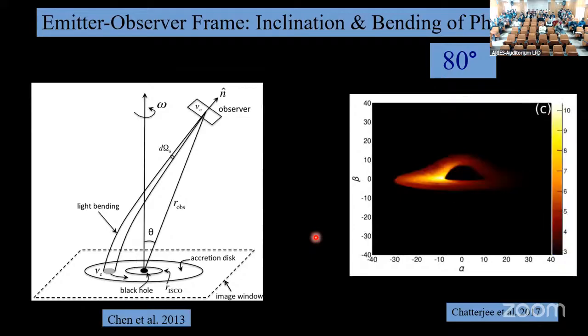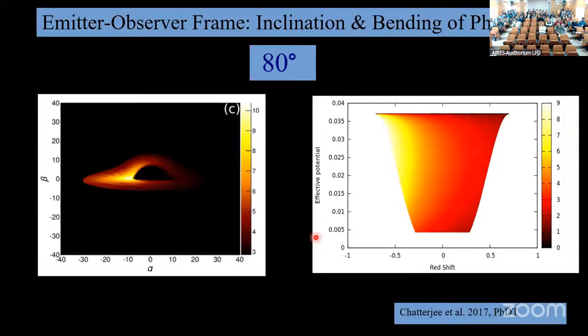And this will essentially be reflected in the temperature profile. So if you take one particular line, let's say 5 keV, 3 keV, 2 keV, whatever your line is, those lines will be split into several areas. And this particular diagram, the vase shape, represents the temperature profile according to the redshift.